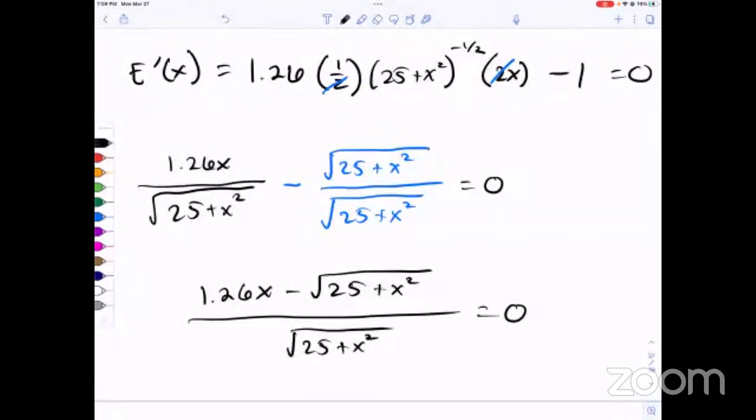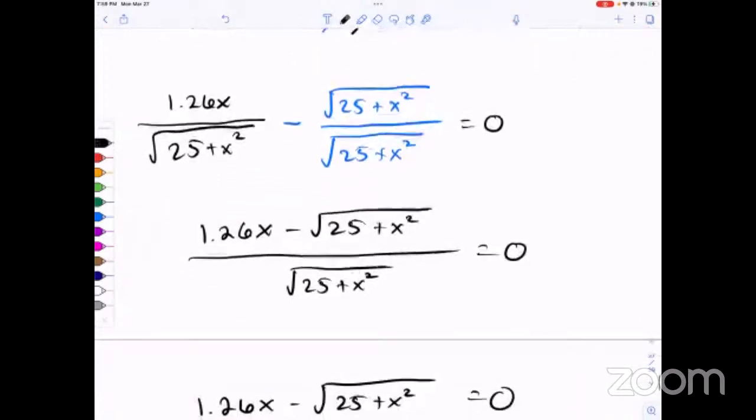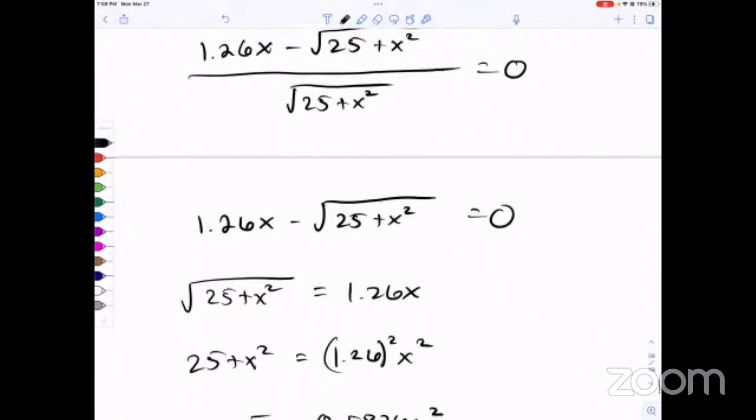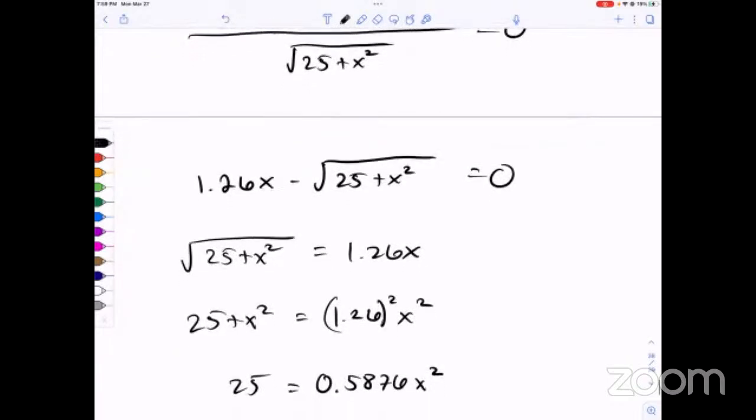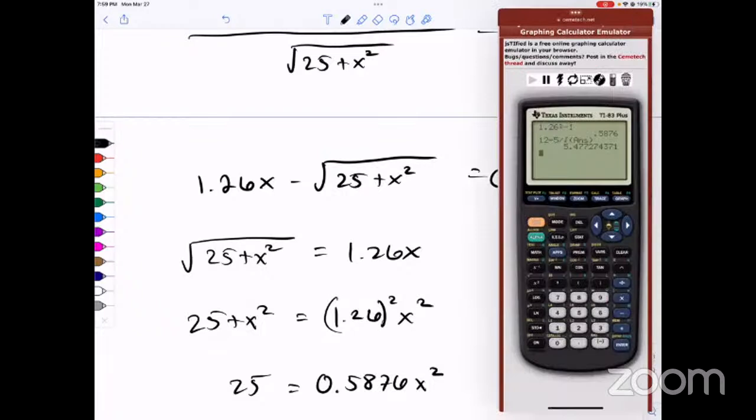So if you add that to both sides, square both sides, say you subtract that. So it should be 1.26 squared minus 1. Maybe that's where I'm messing up. Okay, that shouldn't change. Let me put that in parentheses. 1.26 squared minus 1. 0.5876. Okay. Take the square root. You divide.